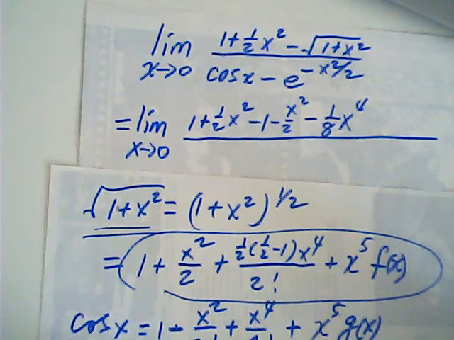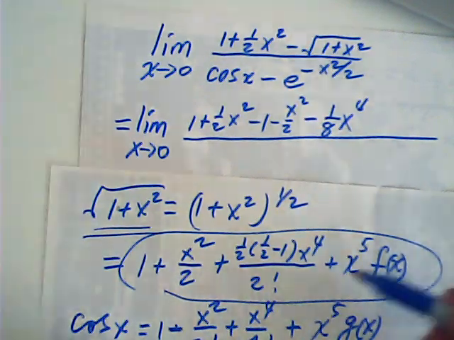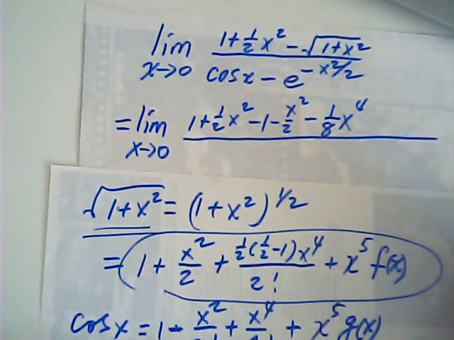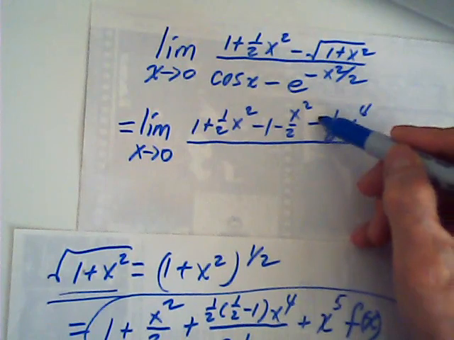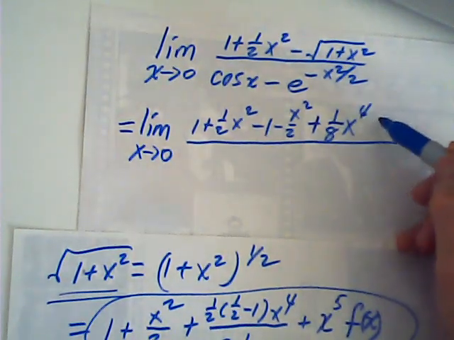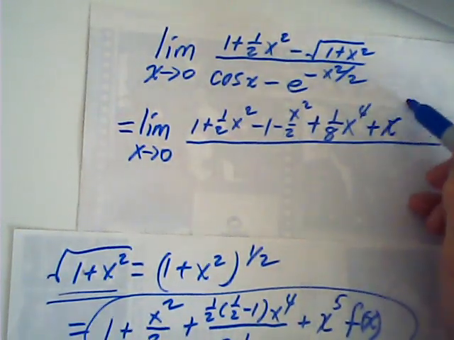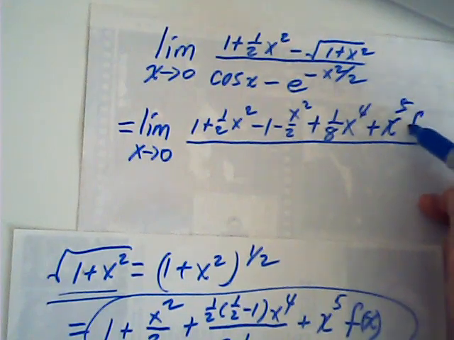Negative here, so it becomes plus. Then plus x fifth times a polynomial.